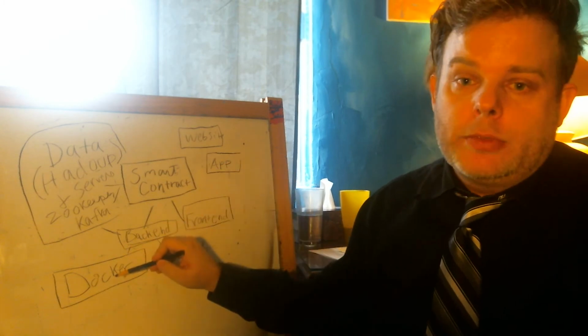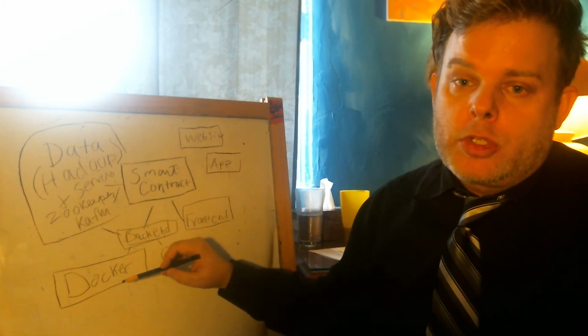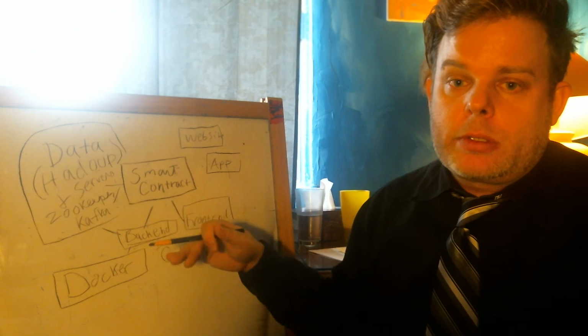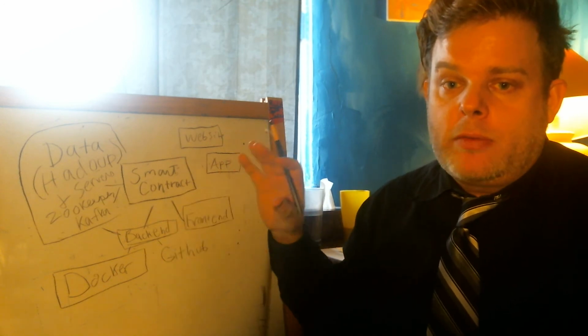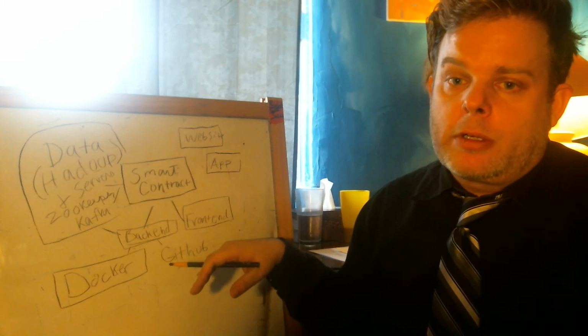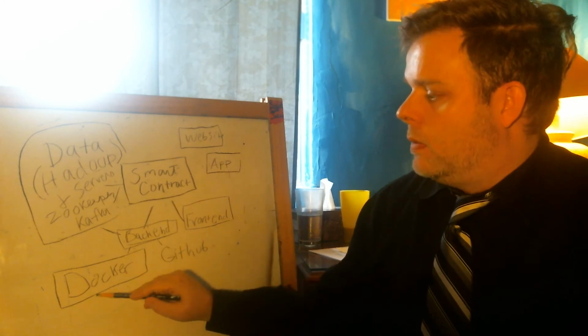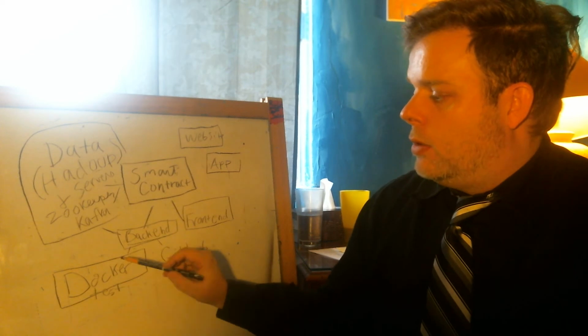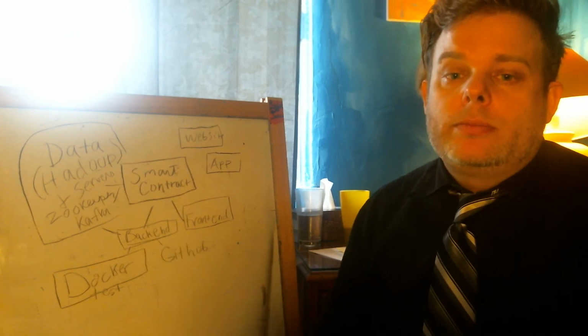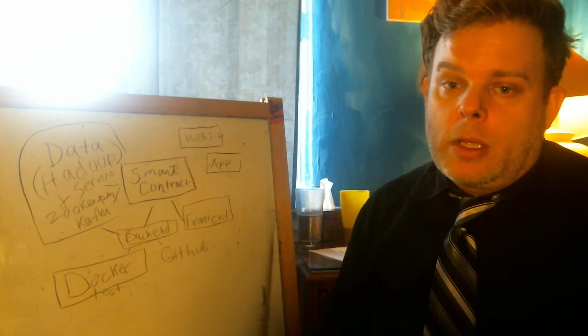It's a containment area. It's where you can compose code, test it, all in a contained environment where it doesn't affect your current systems. Something like Docker you need to have in your development plan and in your software architecture.